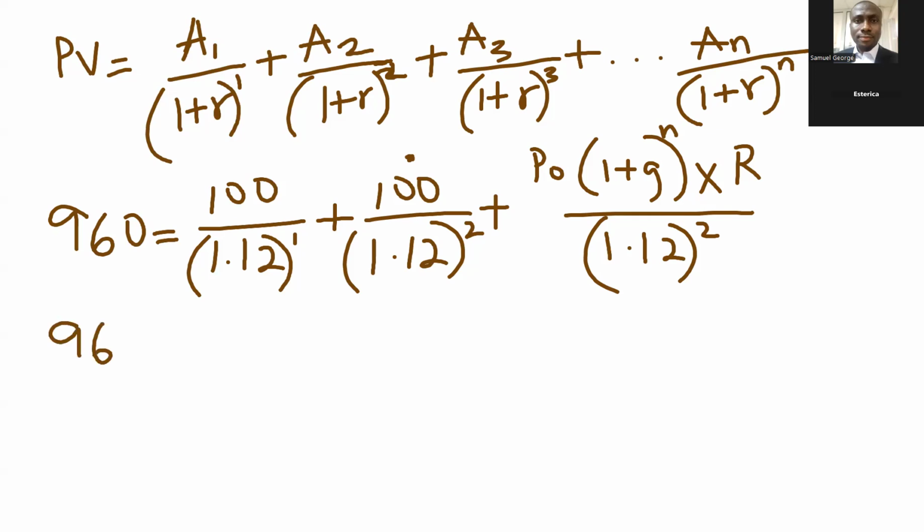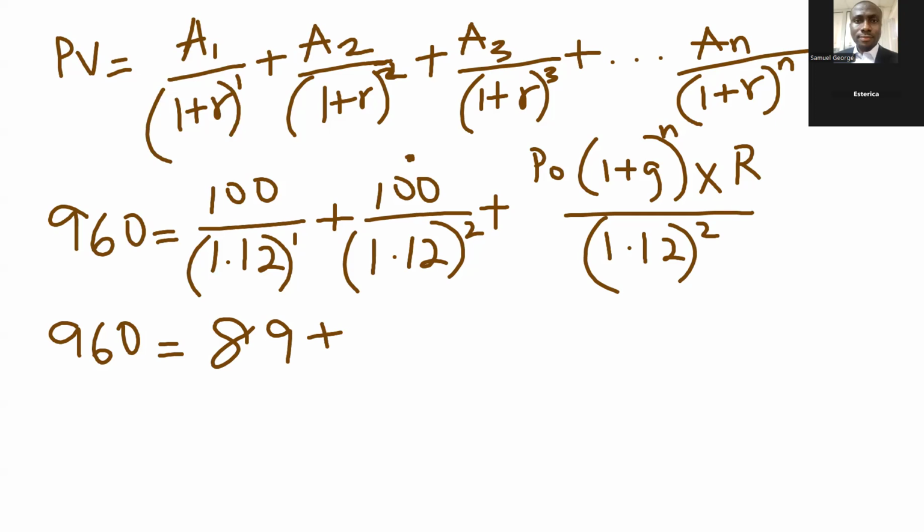Let's solve the maths. It is equal to, so let us collapse all these: 100 divided by 1.12 raised to power 1. I got 89. Let's say 89. Plus 100 on 1.12 raised to power 2.